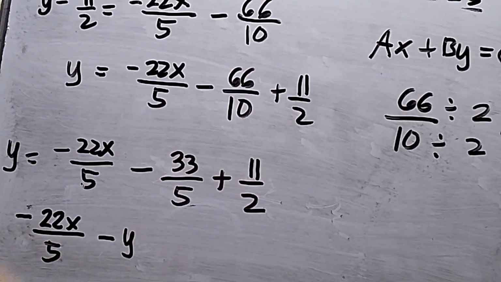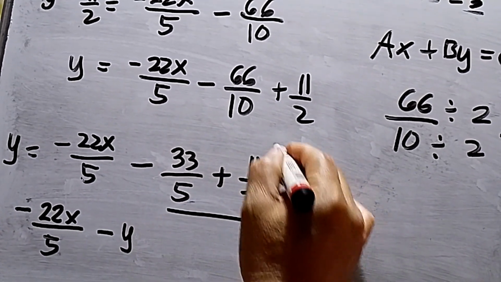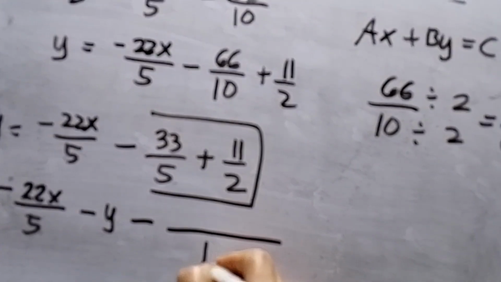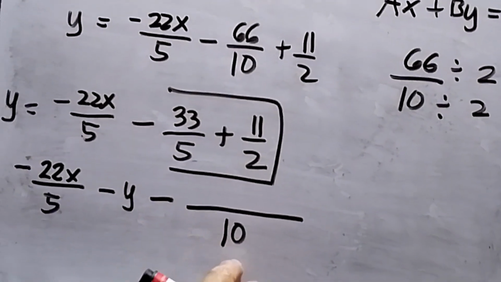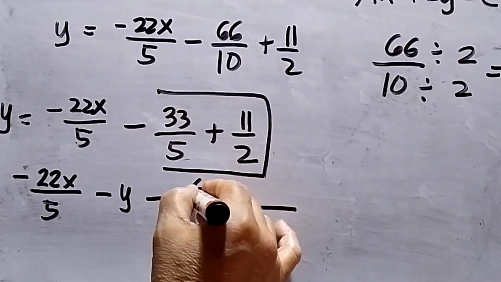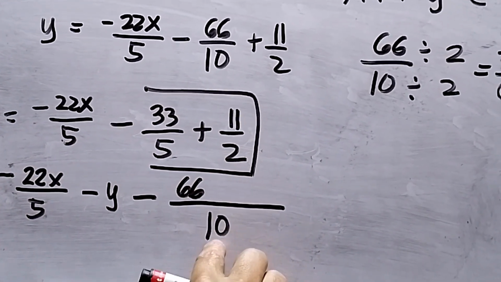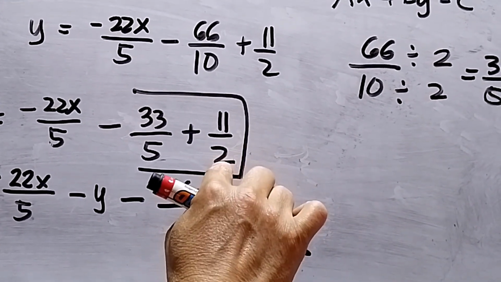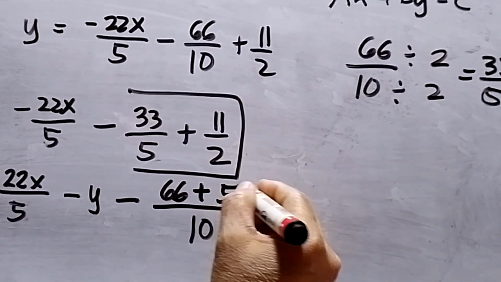And then this one, how to simplify this one? So this will be negative. The LCD will be 10. So 10 divided by 5 is 2 times 33, that is 66. And then 10 divided by 2, I have a plus. 10 divided by 2 is 5 times 11, this is 55.